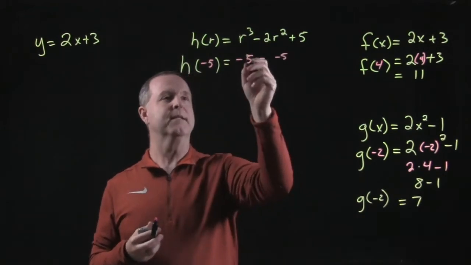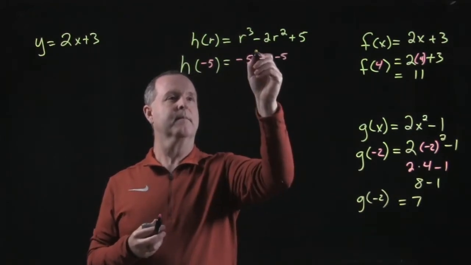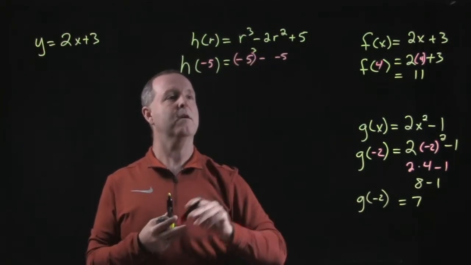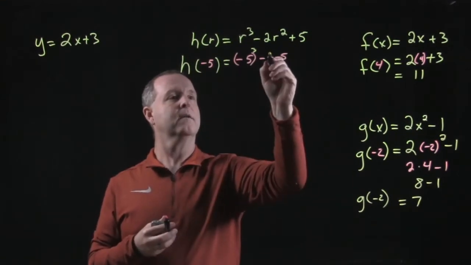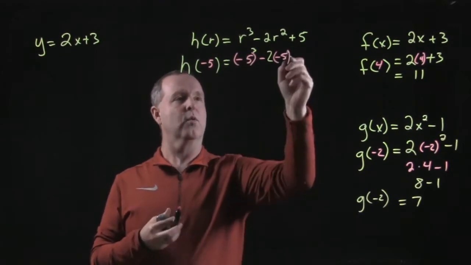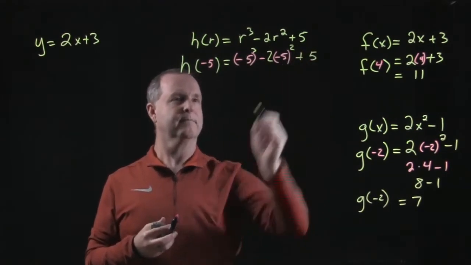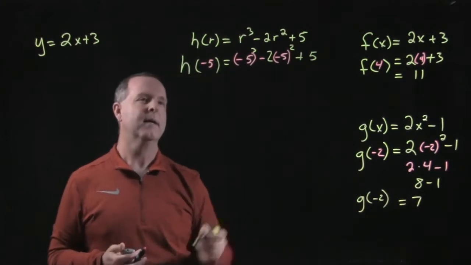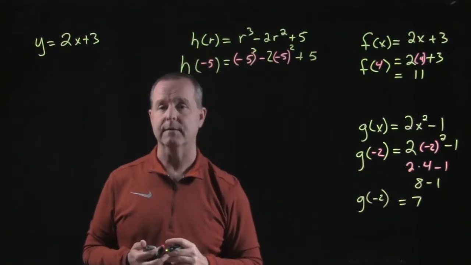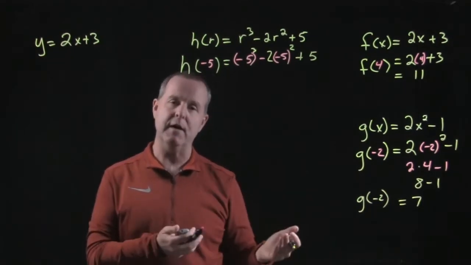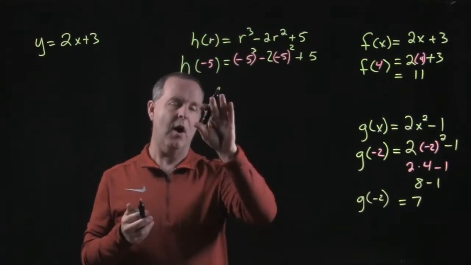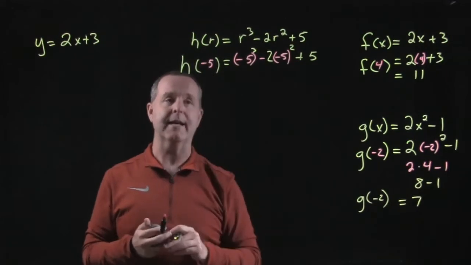So that's the entire negative 5 cubed, minus 2 times negative 5 squared, plus 5. I think I did it all right using multiple colors there. So basically, I'm evaluating this function at a very specific location, and that location is identified as r being negative 5.